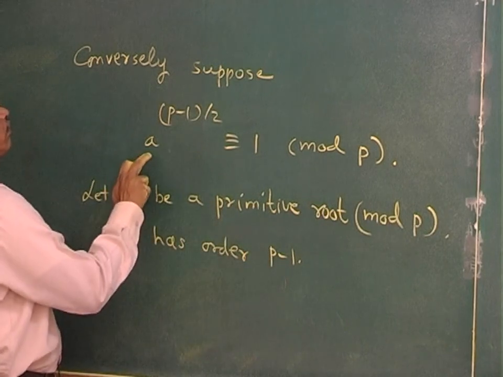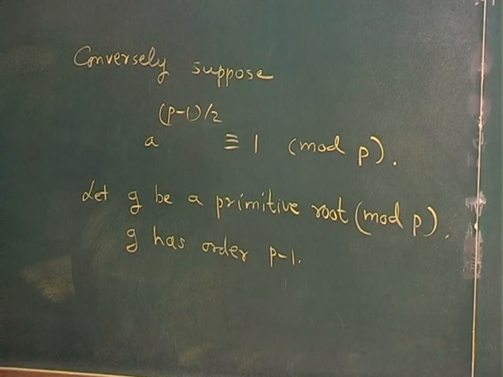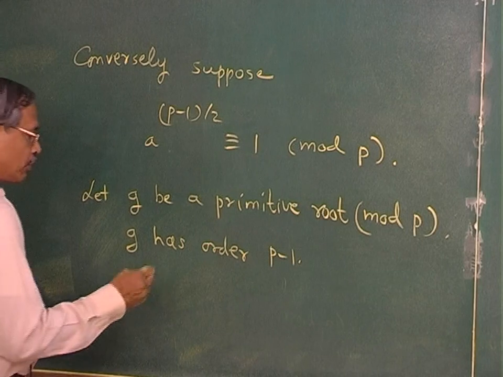Now, any integer coprime to P is congruent to one of the powers of G. The powers of G are distinct.